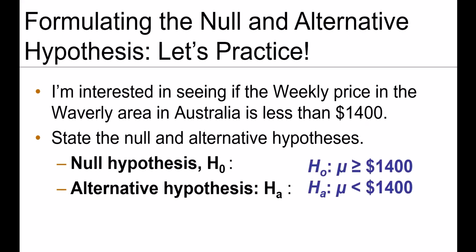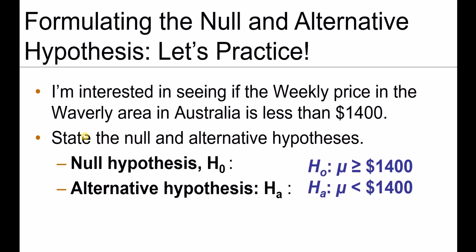A good way to think about this when you're constructing your hypothesis statements is, what are we trying to disprove? In this case, what I'm interested in is that it's less than $1,400.